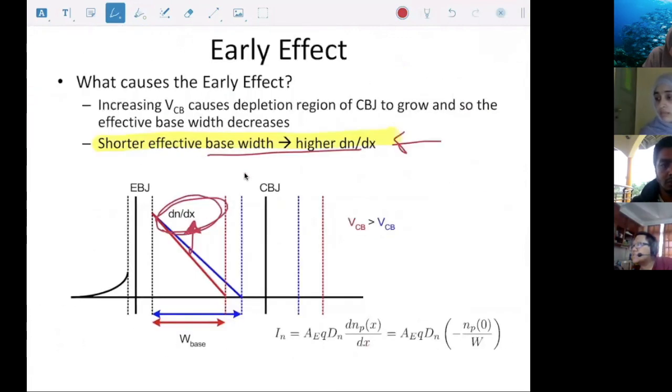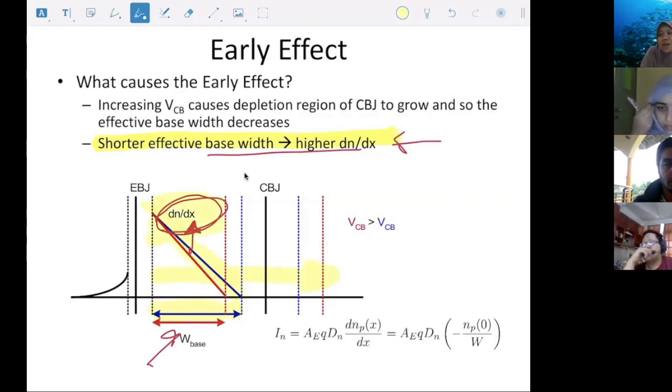Now, about the shorter effective base width, therefore the higher dN/dx. As this depletion region becomes bigger, the effective base width becomes smaller, so the blue line over here, the dN/dx, is also higher.